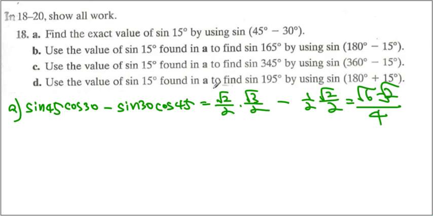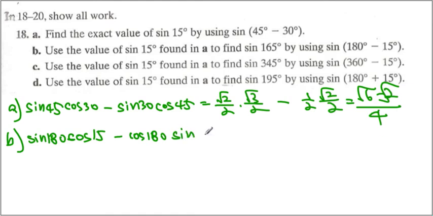Sine of 165. In this manner, we can have sine of 180 times cosine of 15 minus, in case of sine we have the same sign in the middle, and then cosine of 180 times sine of 15.